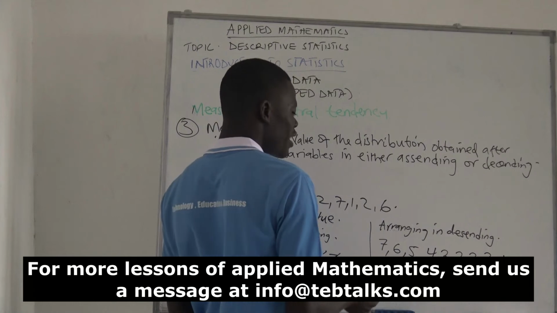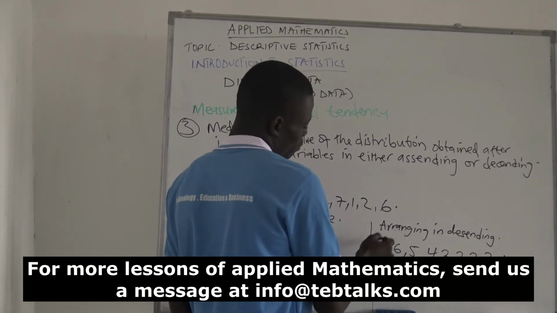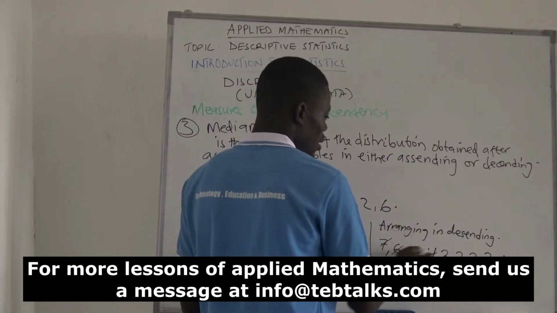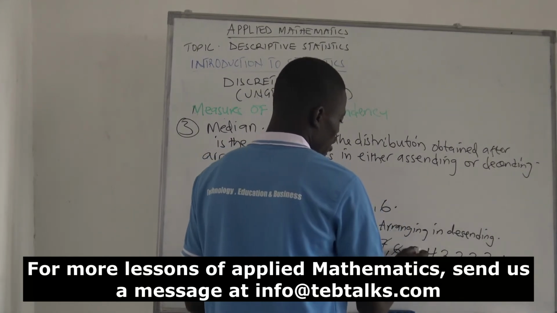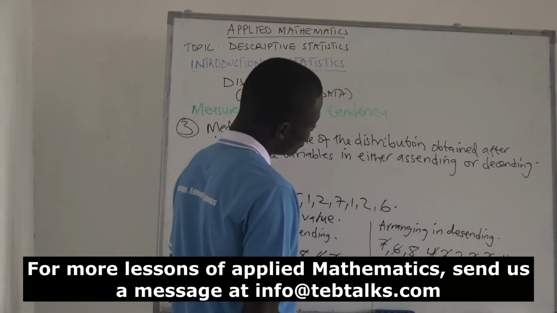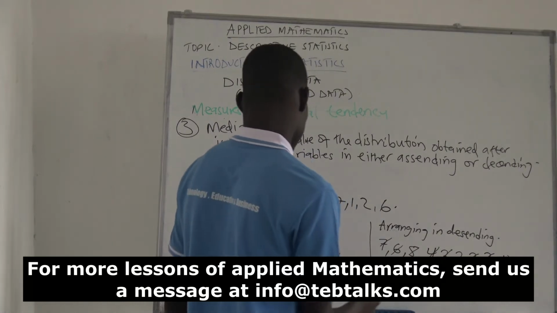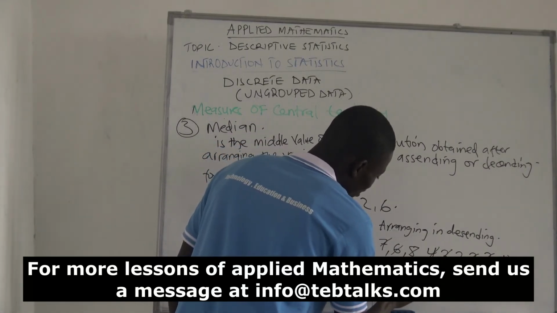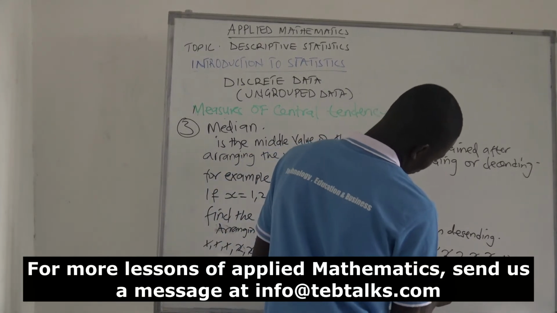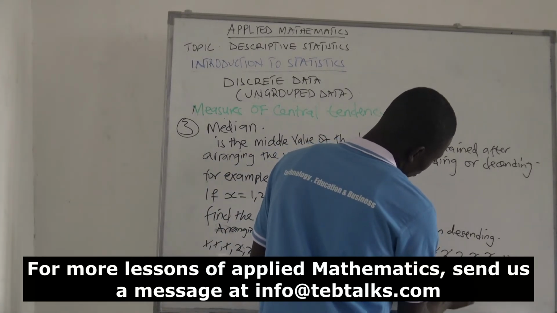So we say the middle value is the median. We cancel this and this one, the first one, until we get the value which is in the middle. Which one is in the middle? It is 2. So our median is 2.